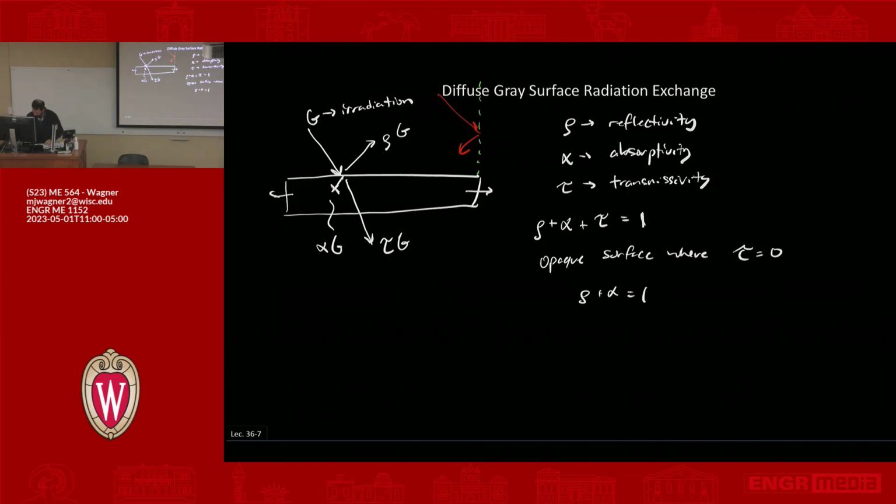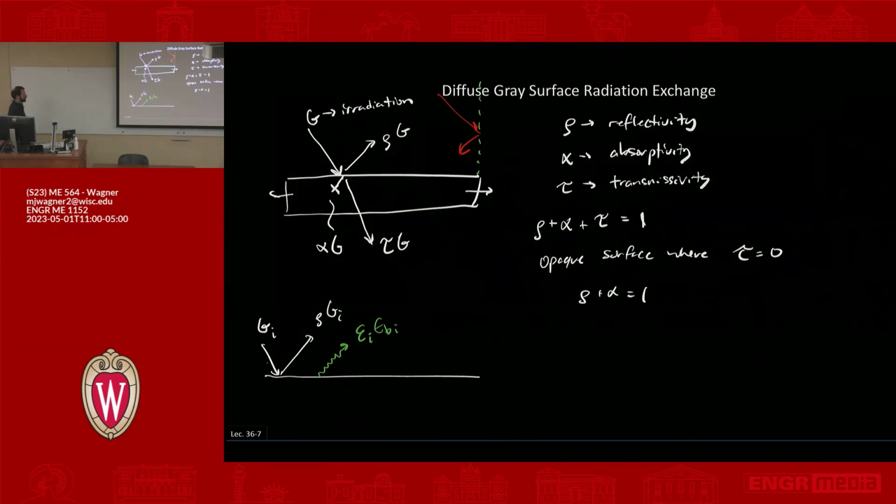So let's maybe sketch this a little bit more carefully and then have some terminology. So we have down here our surface. We have incoming our irradiation G. Let's call that G on surface i. Okay, we have reflected from the surface rho times G_i. We also have potentially emitted from the surface in any particular direction epsilon_i times E_b,i, or just E_i, right?